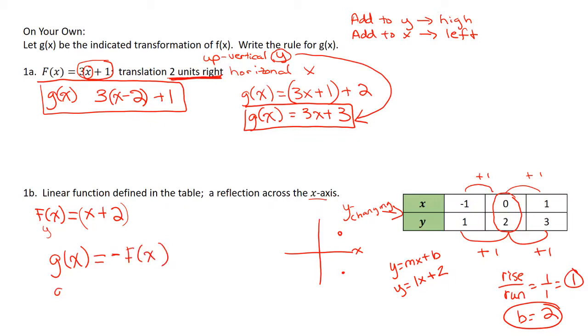And f of x is equal to x plus 2, substituting. So the new function is g of x is equal to the opposite, or negative, x plus 2. And this would have been what your answer would be. I know that's super confusing. So try and go back and listen to this again, or just pay really close attention in class.